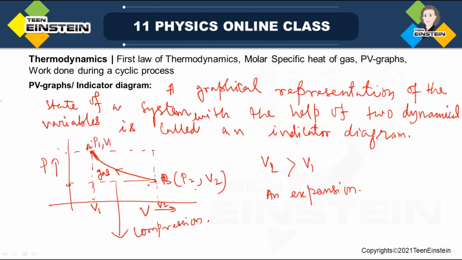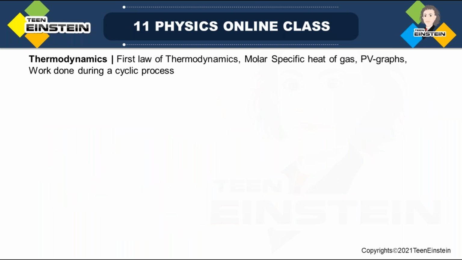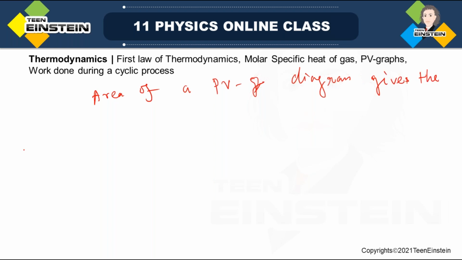Okay, so this is actually the PV diagram or indicator diagram. See, what is the beauty of the PV diagram? The area of a PV diagram gives the heat energy, sorry, not the heat energy, the amount of work done.